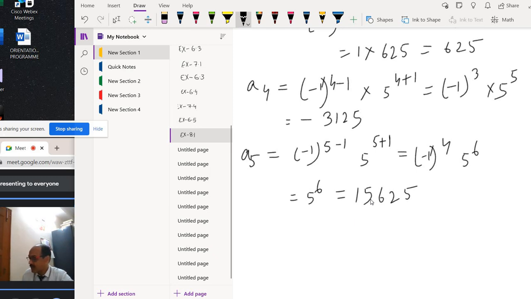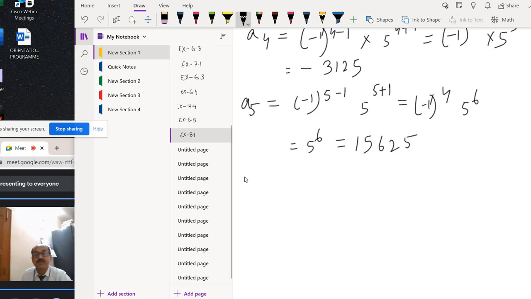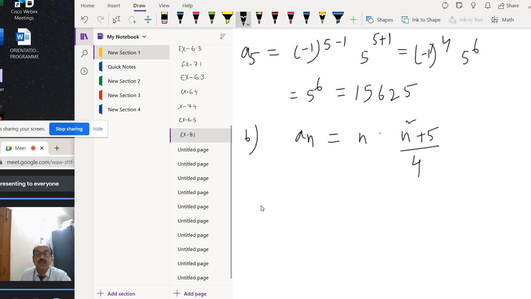Now number 6. An equals n into n square plus 5 by 4. First n equals 1.